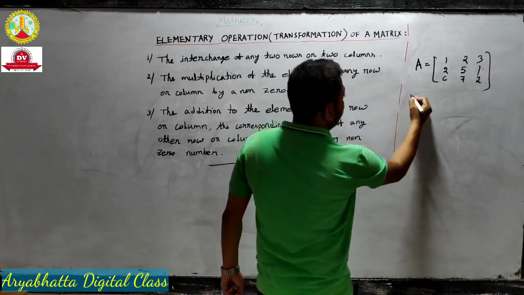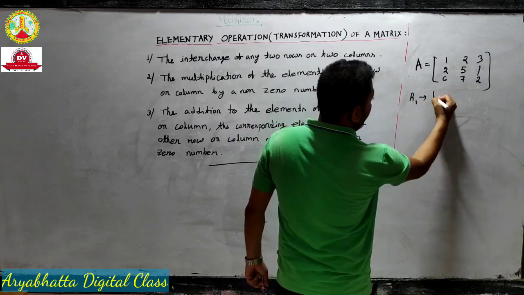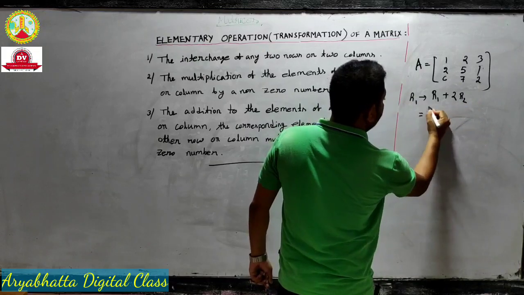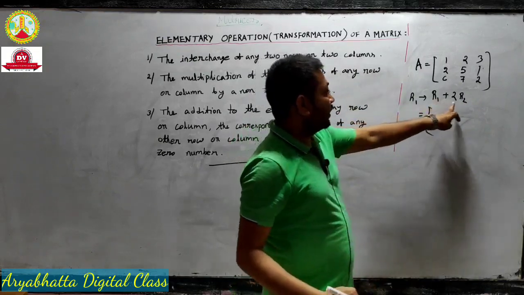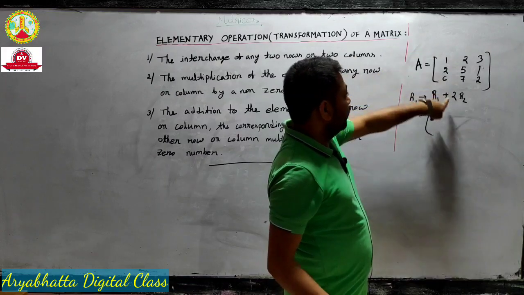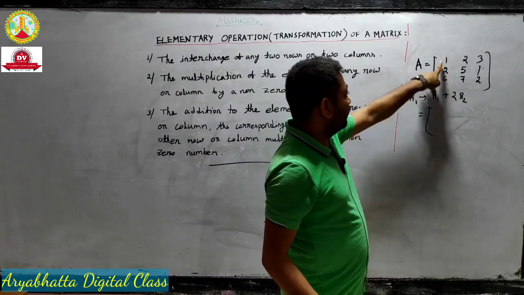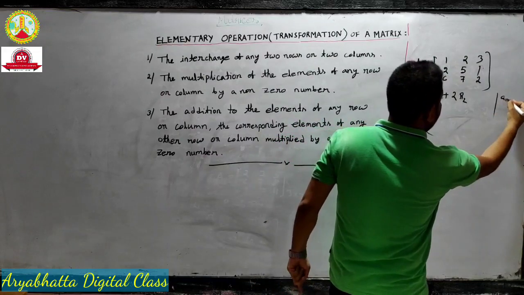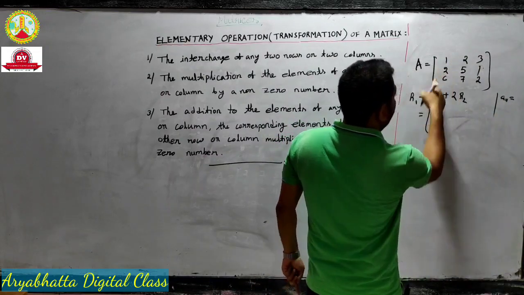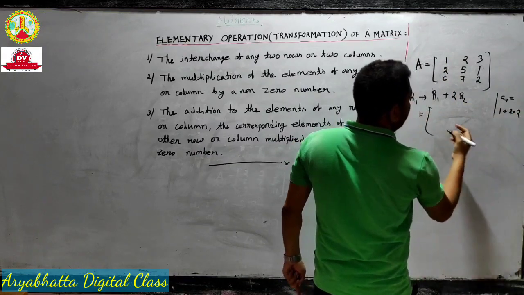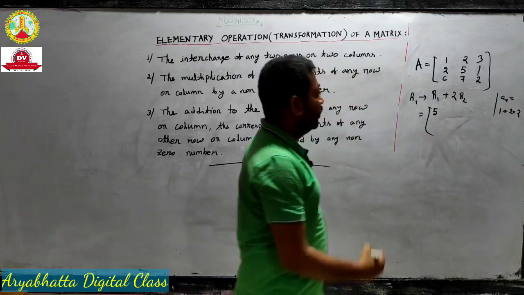If we apply R1 tends to R1 plus 2 into R2, that means for the first element, 1 plus 2 into 2, this is equal to 5.